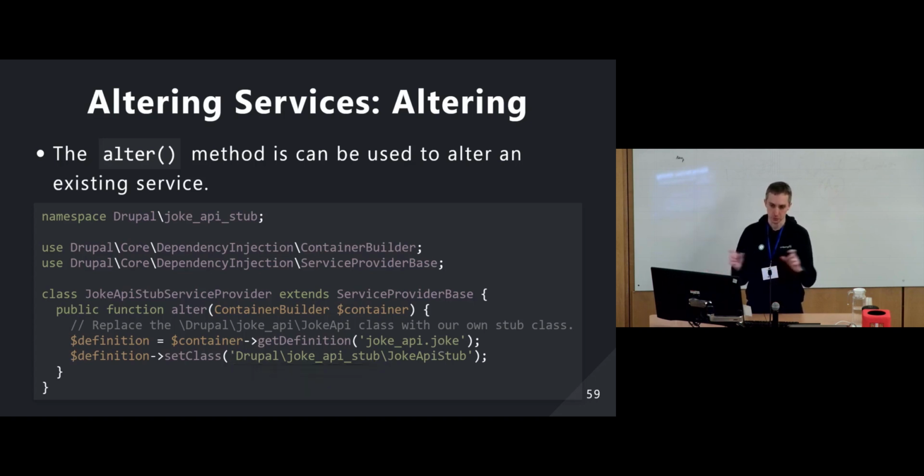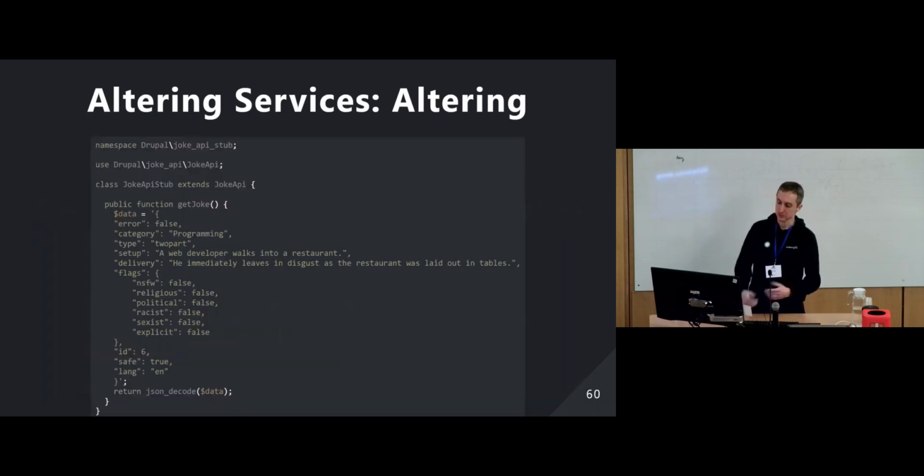So what we're doing here is we're swapping out that single class to be our own stub class. The stub class then has this incredibly funny joke in it. So basically, if we call getJoke now, it will return a single joke every single time we use it.